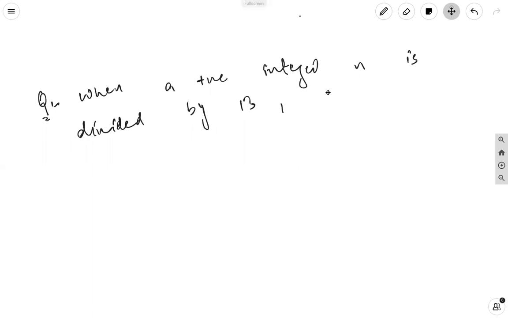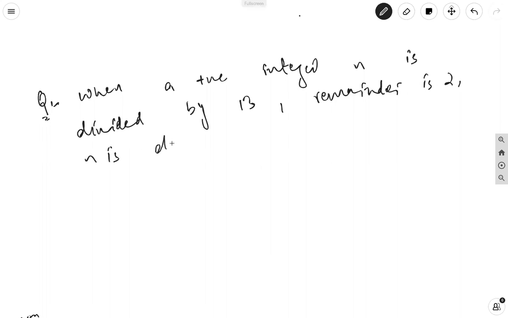Okay, the question was, when a positive integer n is divided by 13, the remainder is 2. And when n is divided by 8, the remainder is 5.